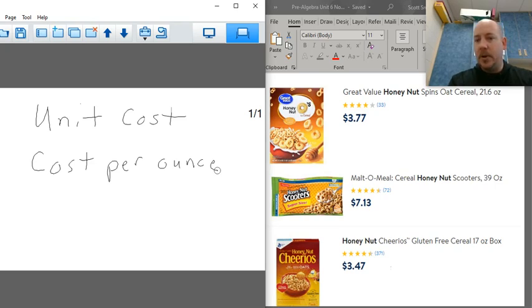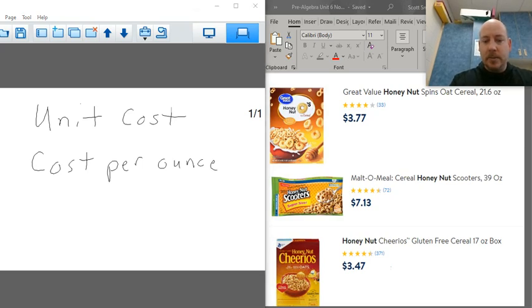So I've got my first one there, the Great Value Honey Nut Spins Oat Cereal, 21.6 ounces for $3.77. So I'm going to calculate the cost per ounce on that one, okay? So I'm going to take the 3.77 divided by 21.6, right?